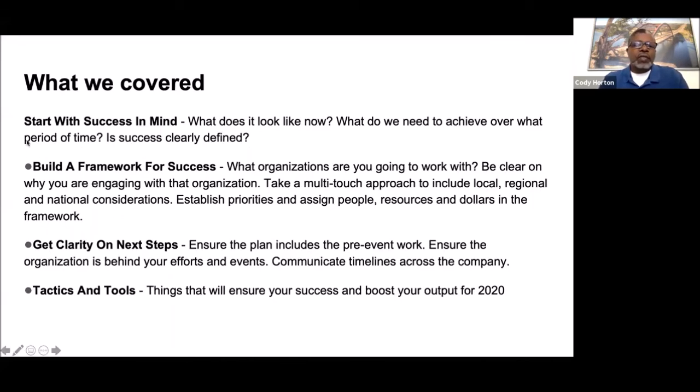So at the high level, we've covered what you do when you start diversity. You want to start with the success in mind, start with the end. What should it look like? What do you need to achieve? What are the timelines? You want to build the framework. You want to make sure that you find a champion who really does get diversity and cares a lot about it. You want to empower that person to do that work.